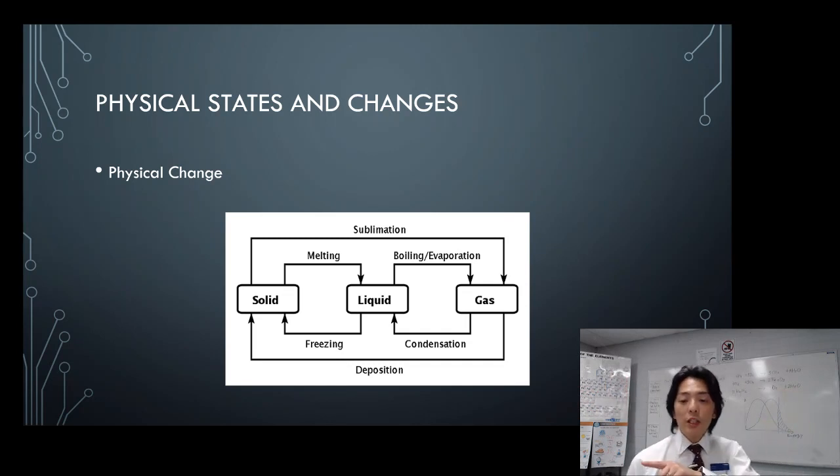Now, the changes are, well, hope you're familiar with these terms. Solid to liquid is called melting, and liquid to gas is boiling or evaporation. Boiling happens inside of the liquid. Evaporation happens at the surface of the liquid. That's the only difference. And the other way around is condensation and then freezing.